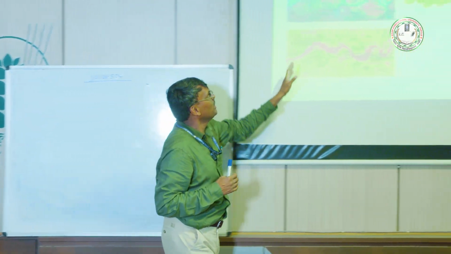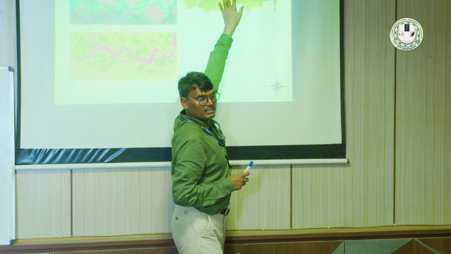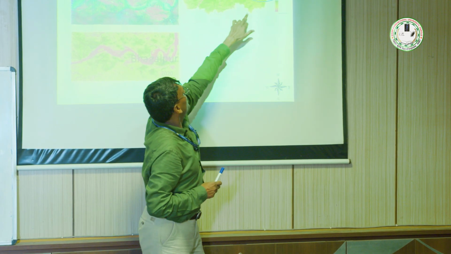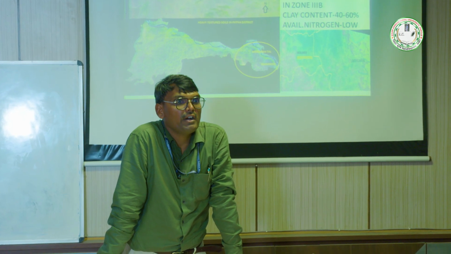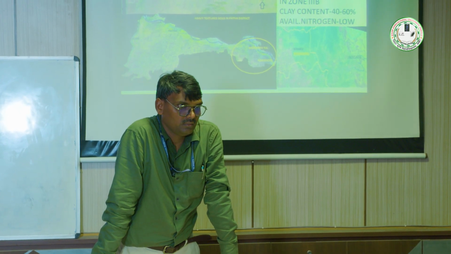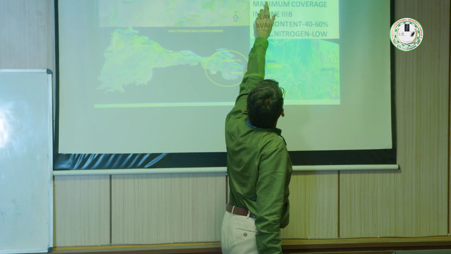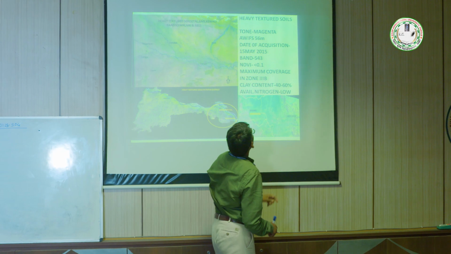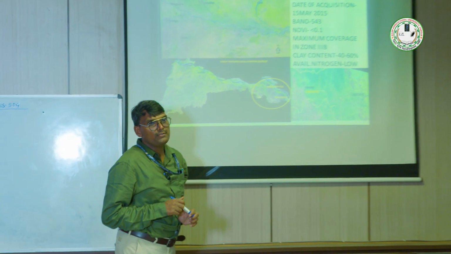Here, this is the interpreted image of whole Bihar, and this is the actual view of the river Ganges. This is an image of Landsat data, which was covered on 15th May 2015, band 543. 543 means what?